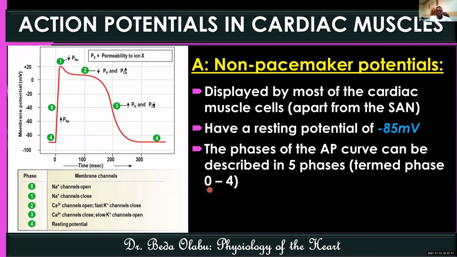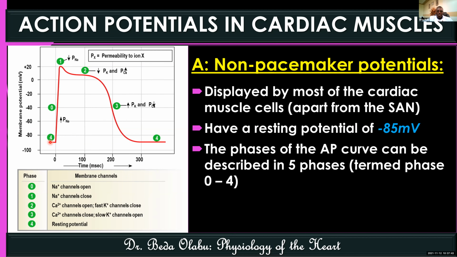Those phases are named phase 0, phase 1, 2, 3, and 4, a total of 5 phases. I want to take time slowly here and just describe the 5 phases of the non-pacemaker potential. I prefer starting with phase 4. This is phase 4, which is also here, phase 4.